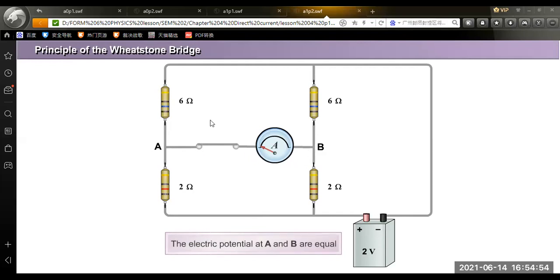When both sides are equal, that means that from one end of the ammeter to the other end are equal. Meanwhile, there will be no potential difference. If there is no potential difference, that means there will be 0 volt.